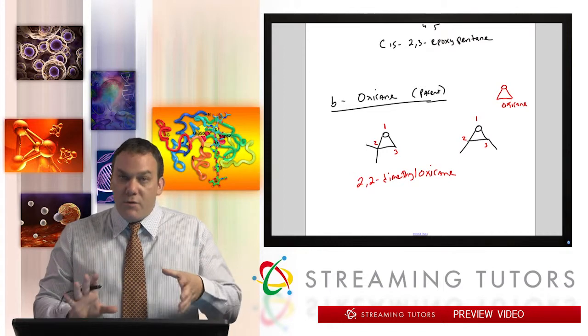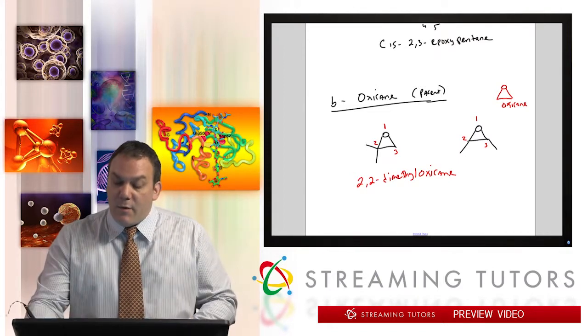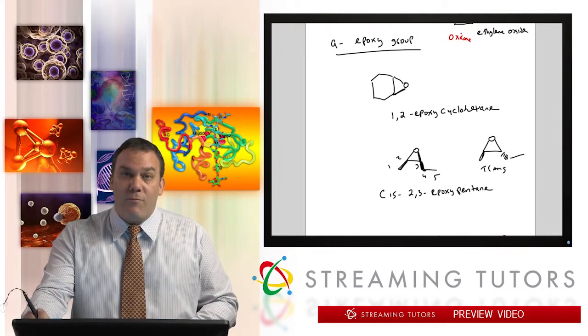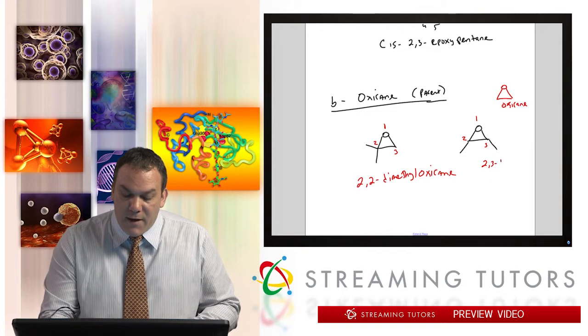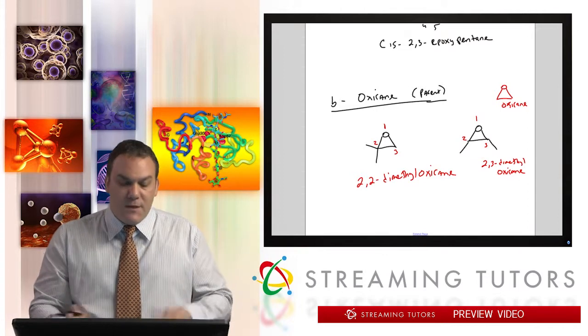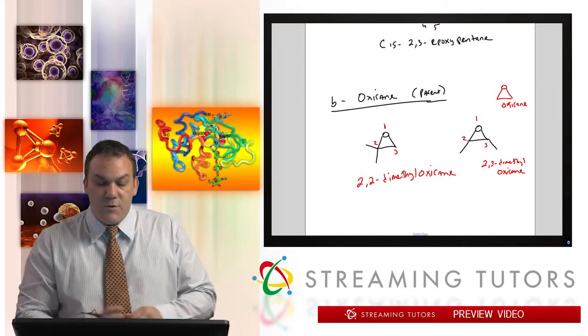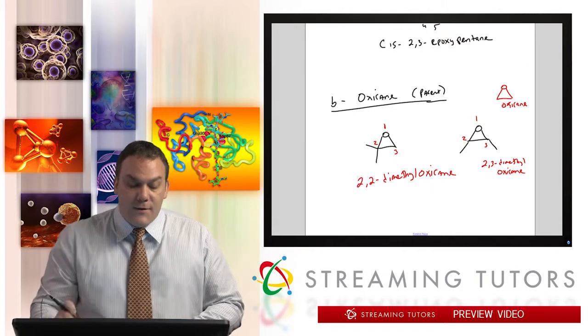Now, clearly, we're going to use this nomenclature if we can name the branches. If it's too complicated, then we would go up and call it an epoxy group. In this case, we have a 2,3-dimethyloxyrane. I'm just going to wrap around to the next line for space purposes, but it's really one continuous word. And that's how we name oxyranes.